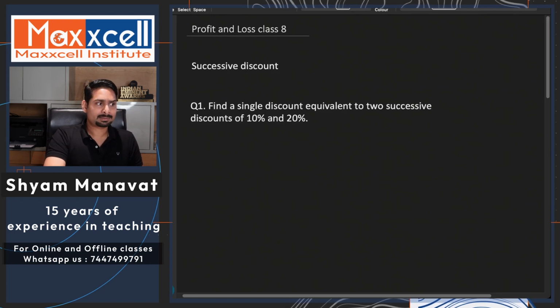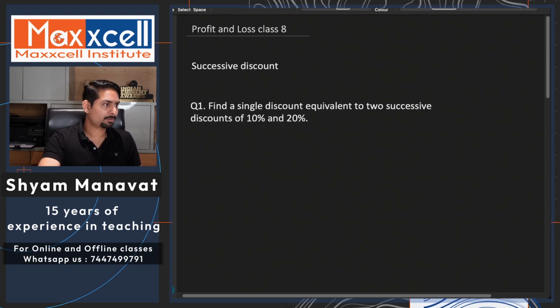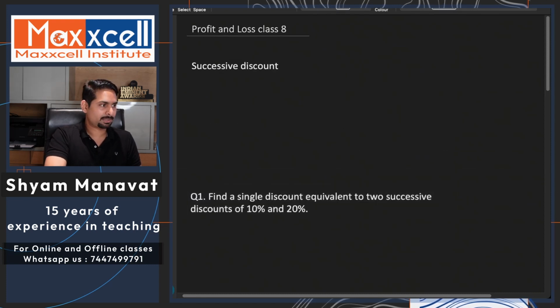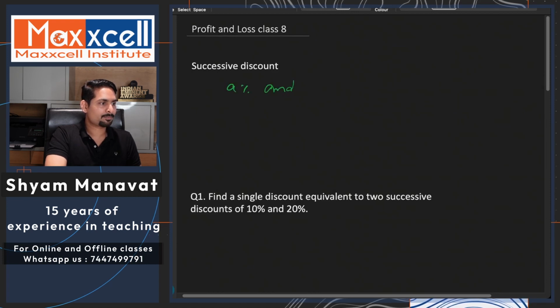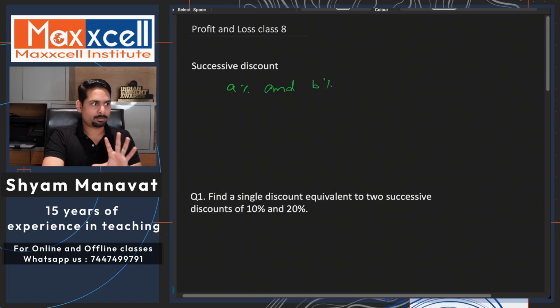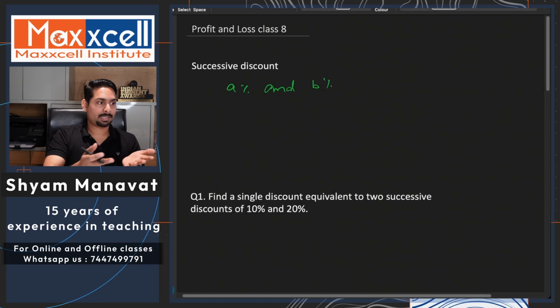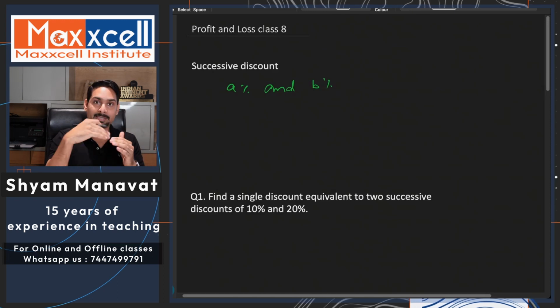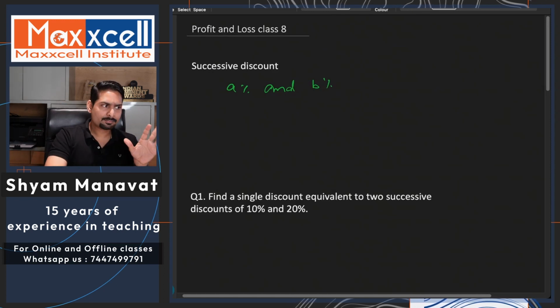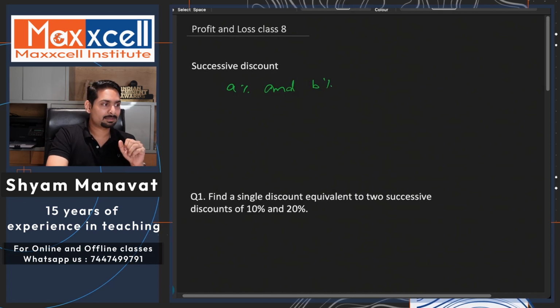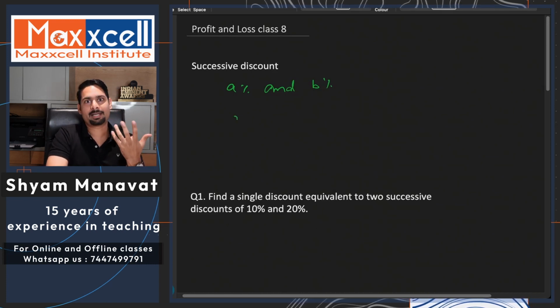Now, for successive discount, if you have only two discounts, let's say A percent and B percent, then there's a formula. As I said earlier also, I don't want to increase the list of formulas for you. I'm just showing you because in some books you might see this formula and later complain to me, sir, why are you not showing the formula?